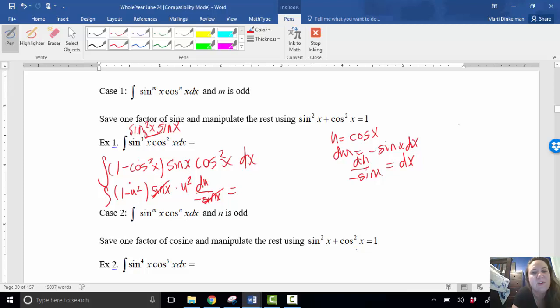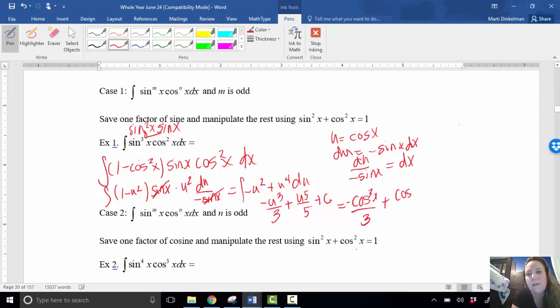If I distribute the u squared, I'm going to have negative u squared plus u to the 4th du. And so that's negative u cubed over 3 plus u to the 5th over 5 plus c. And those are cosine. So negative cosine cubed over 3 plus cosine to the 5th over 5 plus c.